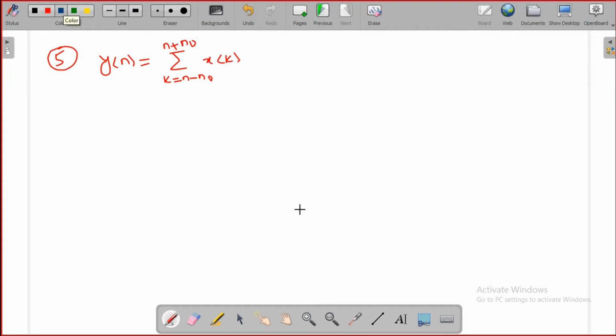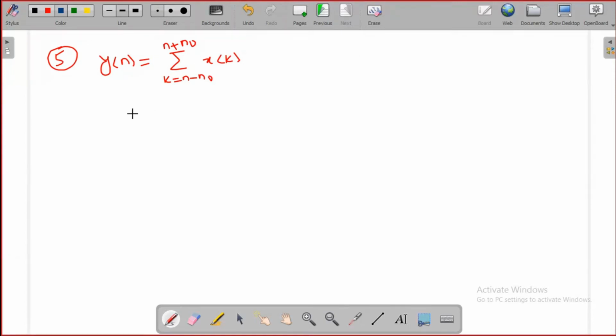Okay. Here also we have the relation between input and output sequence. That is simply the difference equation form. When I expand this summation, we simply get the difference equation form. That is x of n minus n naught plus 1 plus x of n minus n naught plus 2 plus and so on up to x of n plus n naught. Okay.